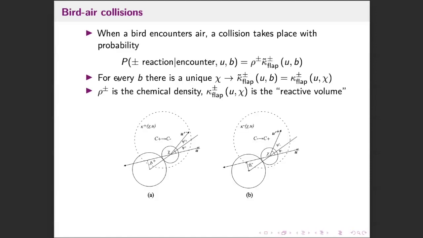So you have chemicals that are sort of ambient and they have some sort of volume. And if you're within, because this is probability, this is density, so whatever this factor is that is the probability of reaction, it is a volume. And if you're within that volume when that collision takes place, then this chemical reaction can occur.